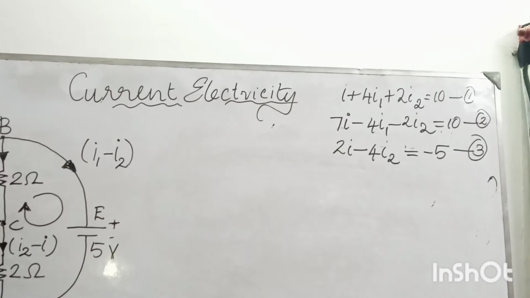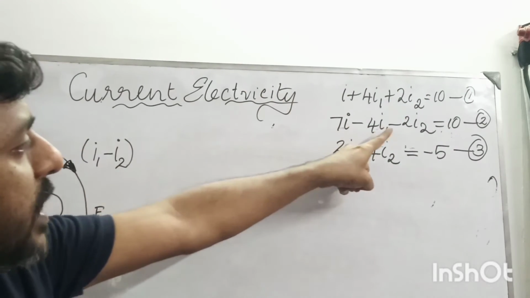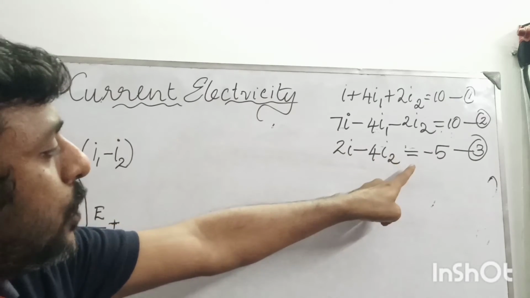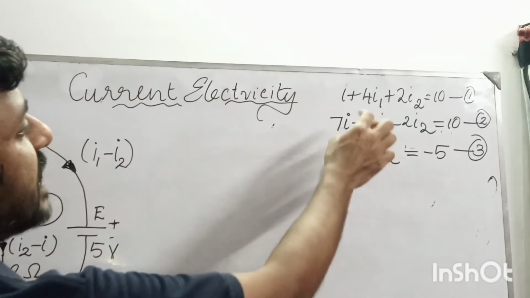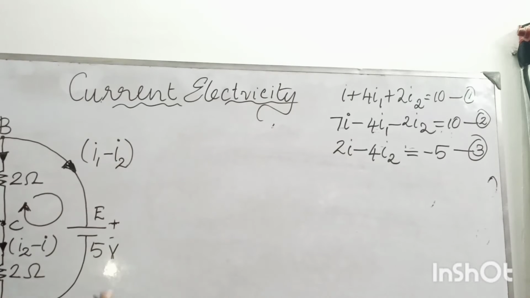So what are we going to do now? I plus 4I1 plus 2I2 is equal to 10. 7I minus 4I1 minus 2I2 is equal to 10. 2I minus 4I2 is equal to minus 5. Let's take equation number 1 and 2. You got it?